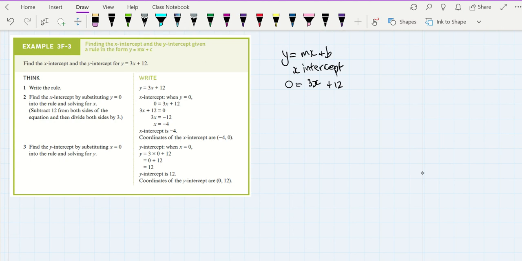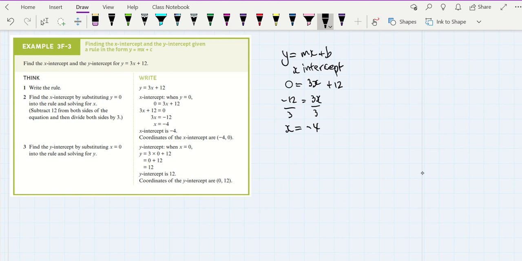What we need to do now is just solve for the unknown. So let's take 12 off both sides. So negative 12 equals 3x, and then divide both sides by 3. Negative 12 divided by 3 is negative 4. 3x divided by 3 is just x. So we say that x equals negative 4.